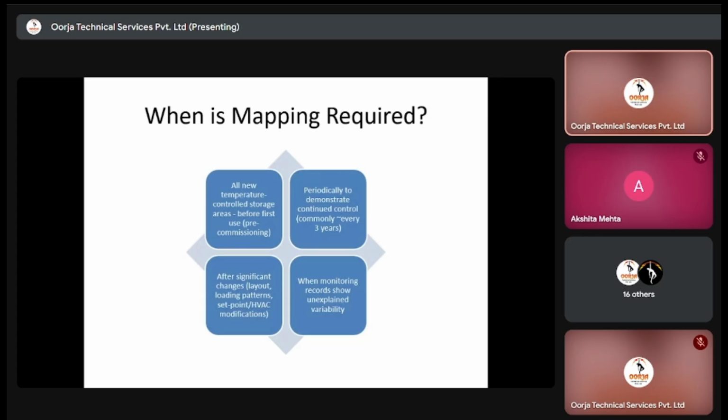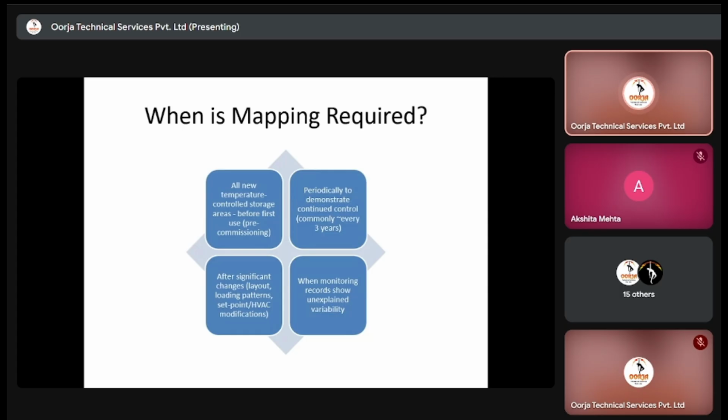Second, periodically, to demonstrate continual control. Like, we have mapped an area, now some time passes, let's suppose 2 years, 3 years.